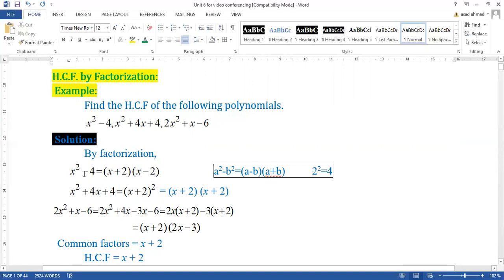We have applied the difference of squares formula, one time negative, one time positive. So this simple expression is converted into x plus 2 and x minus 2.